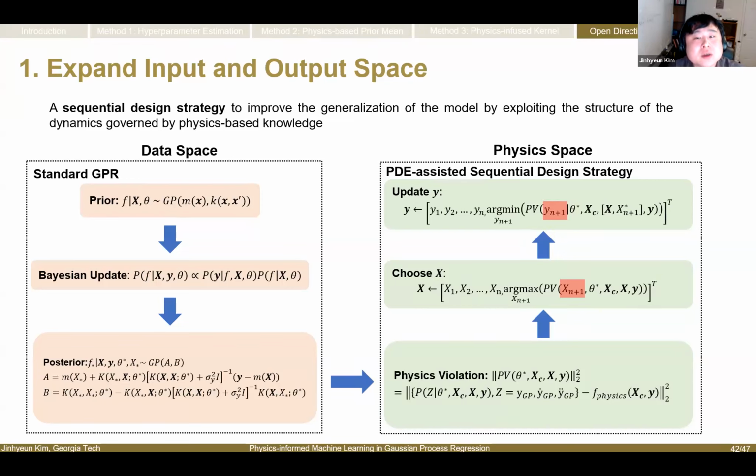At that point, we can find the new Y, which minimizes the physical violation of the model. With the new X n+1 and Y n+1, we can augment our data sets and then do it iteratively until we find the true function.